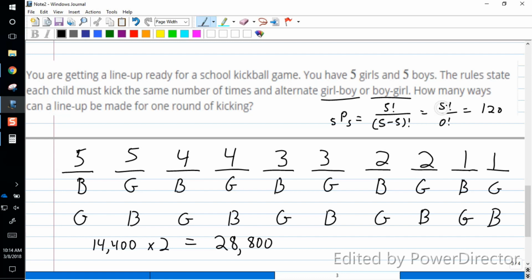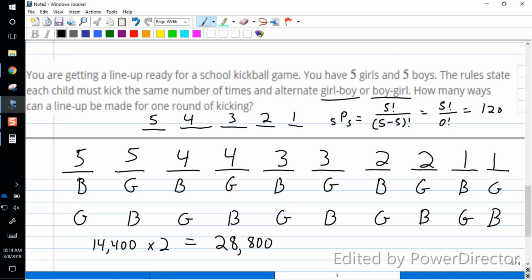Yeah, but this isn't just a simple permutation. There are different types of permutations. For this to be this kind of permutation, we'd just be choosing 5 people, and there's 5 ways to choose the first, 4 ways to choose the second, 3 ways to choose the third, 2 ways to choose that one, and 1 way to choose that one.